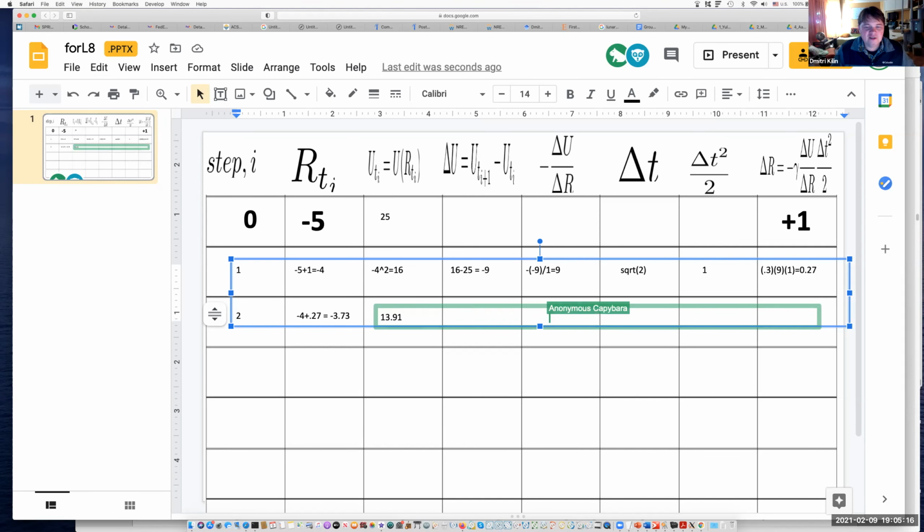Okay. So what will be delta U? Current minus previous. Minus 2.08. Looks right for me.